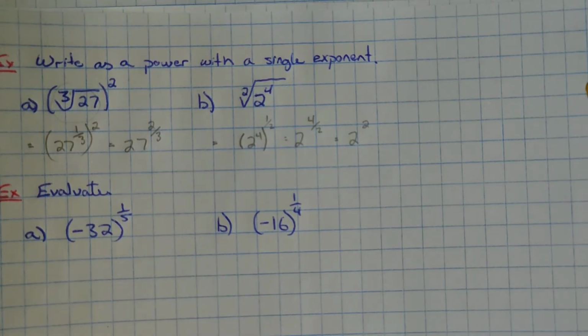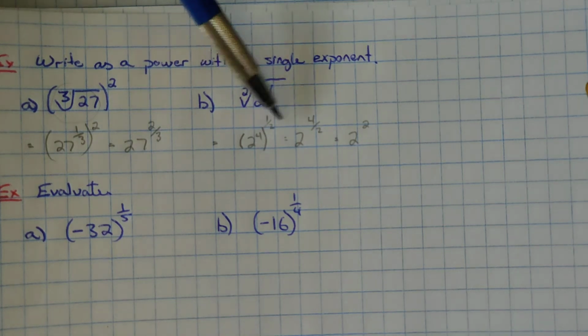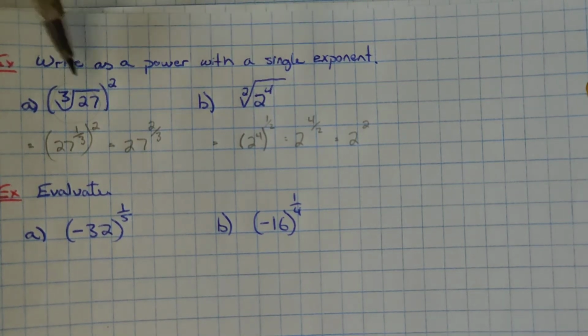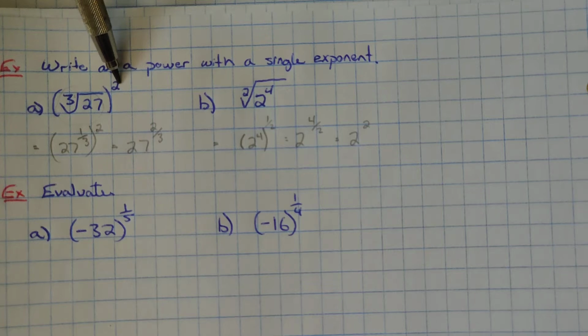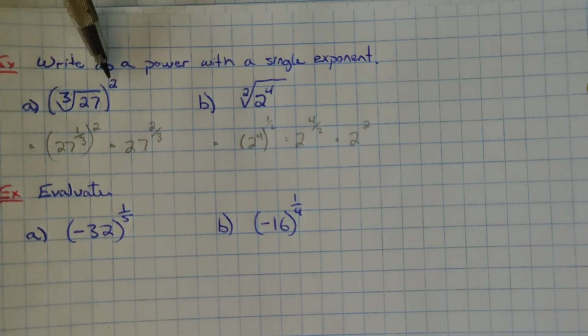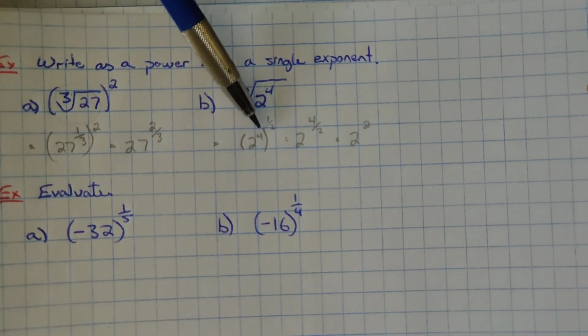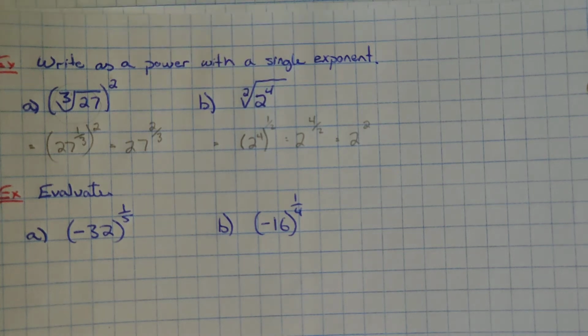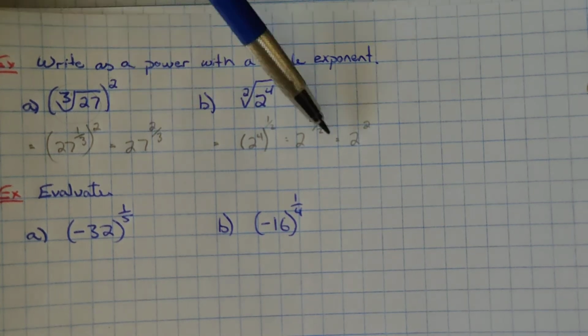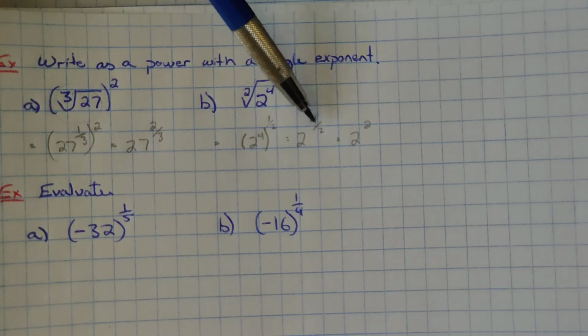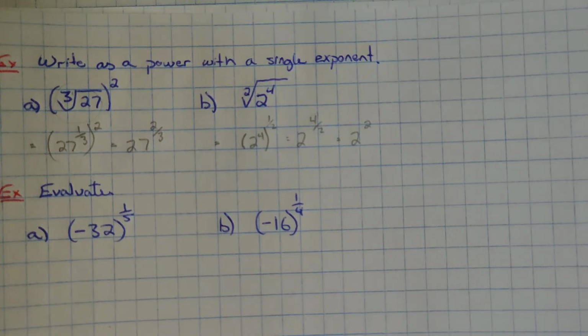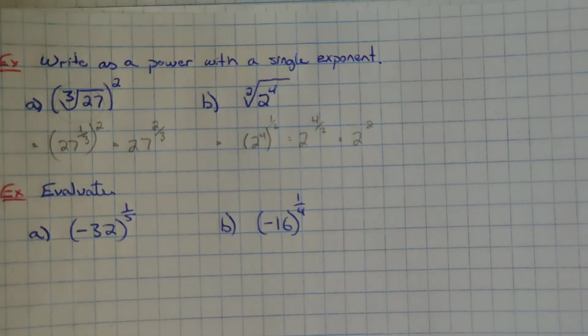So whenever you have your root, you can write it as a fraction. And then if you have the multiplication to do, either with the integer exponent on the outside of the bracket, or the integer exponent on the inside of the bracket, in both cases, you end up with the same idea. You have the integer on top and then the fractional portion on the bottom. And in this case, we were able to simplify.